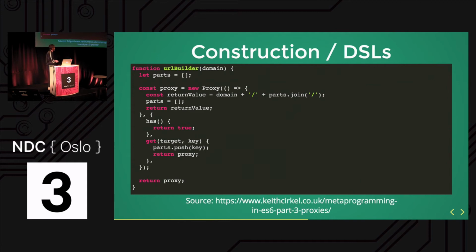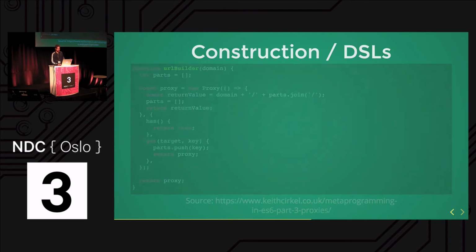And then I found this example here by a guy named Keith, who used proxies to make this DSL, which is another thing that you could use proxies for. So this is a URL builder, meaning that we could use the fundamental operations of an object to just build dynamic results.